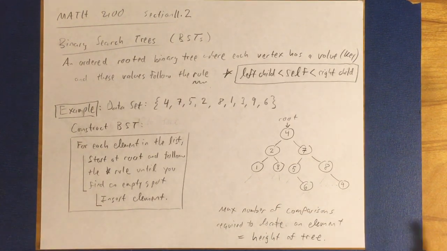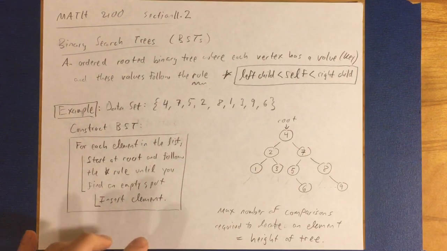And having a balanced tree is valuable in a situation like this because a balanced tree is usually going to be sort of a minimal height. If you have an unbalanced tree, then you might end up with a tree which is much higher than it needs to be.